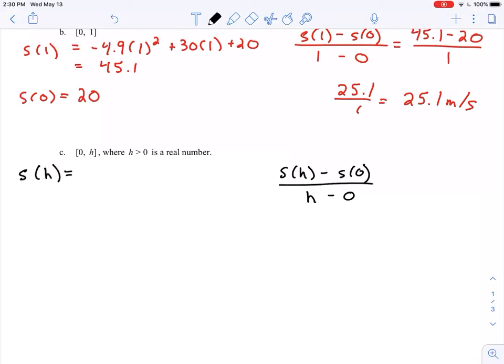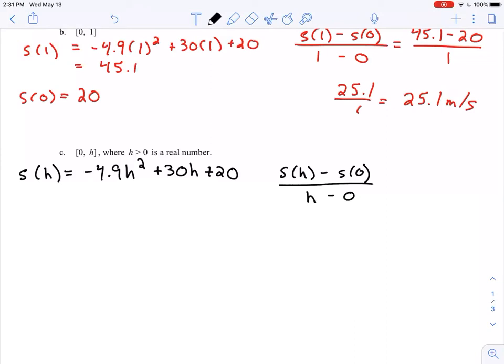S of h, so we're just plugging that in for t: negative 4.9 times h squared plus 30h plus 20. Normally at this point we'd do some calculations, but there's not really any to do. I can't simplify this. There are no like terms. So we're just going to leave it.